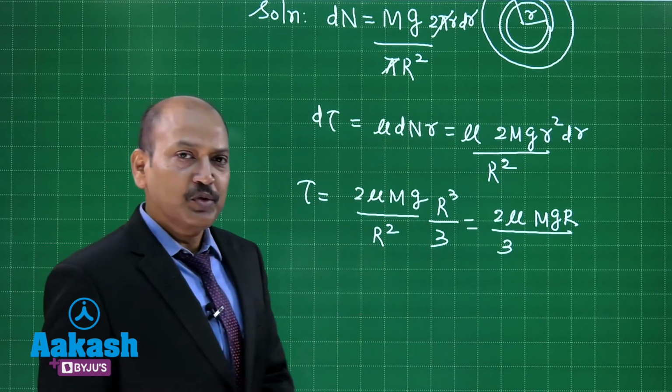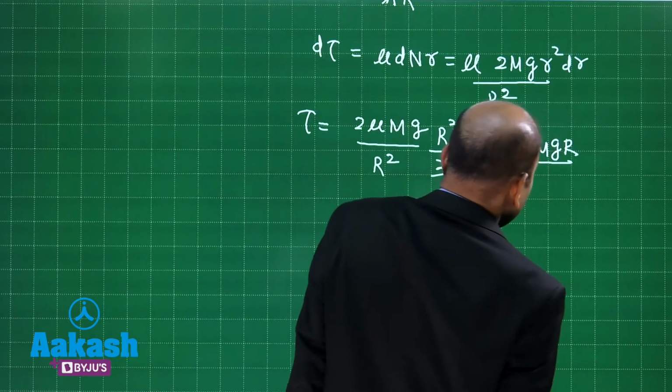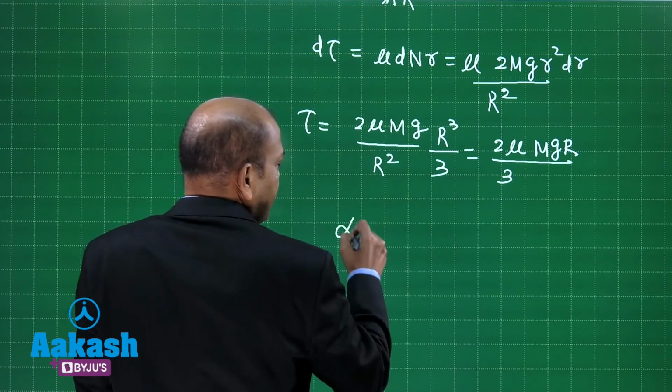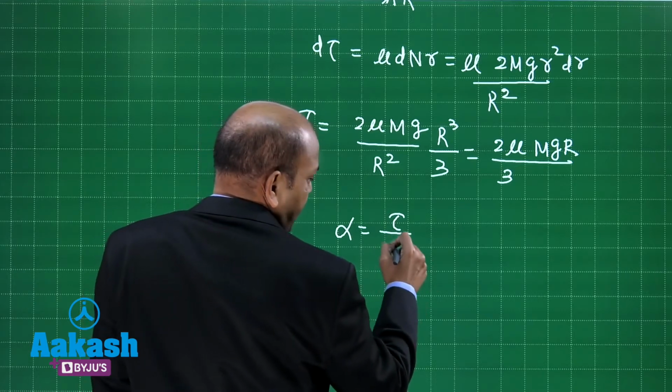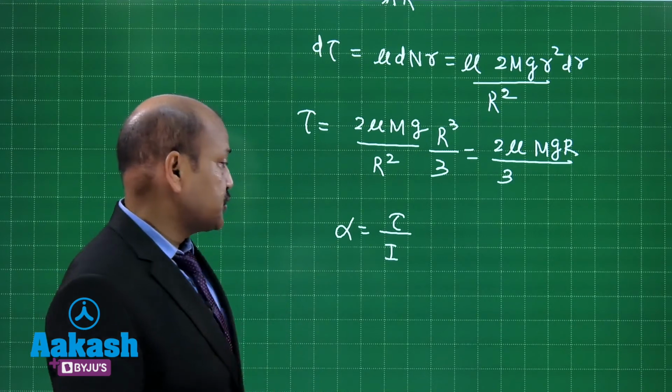This torque is going to produce angular retardation, and the magnitude of that angular retardation alpha is equal to torque divided by moment of inertia. The moment of inertia in this case is mR square by 2.